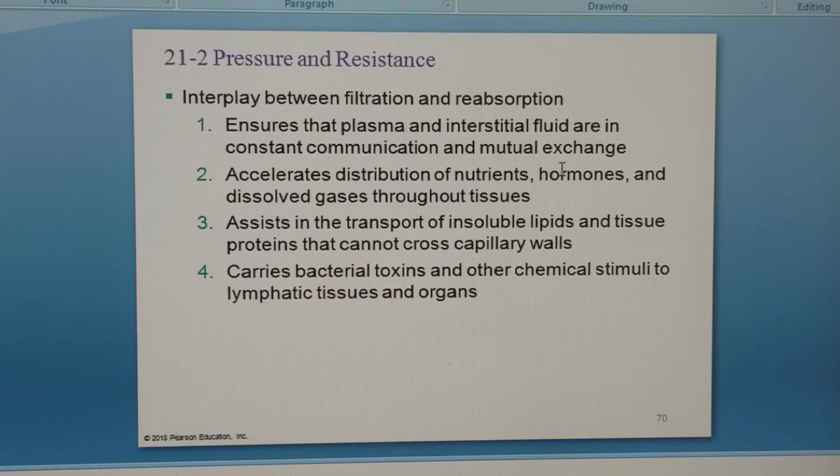It accelerates distribution of the nutrients, hormones, and dissolved gases throughout tissues. It assists in the transport of insoluble lipids and tissue proteins that cannot cross the capillary walls. It carries bacterial toxins and other chemical stimuli to lymphatic tissues and organs.